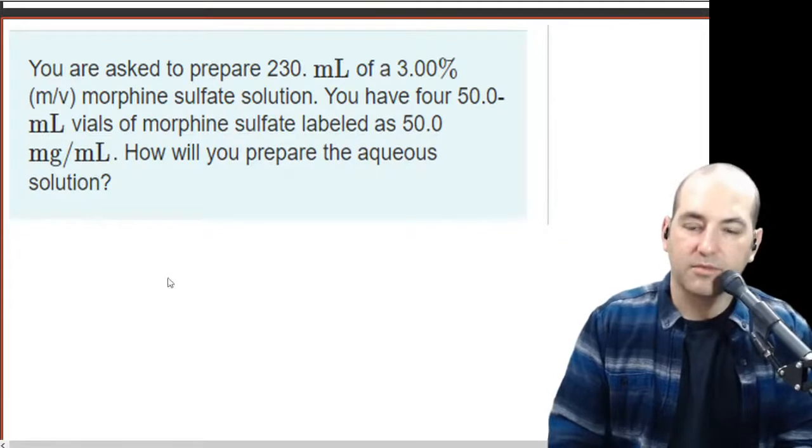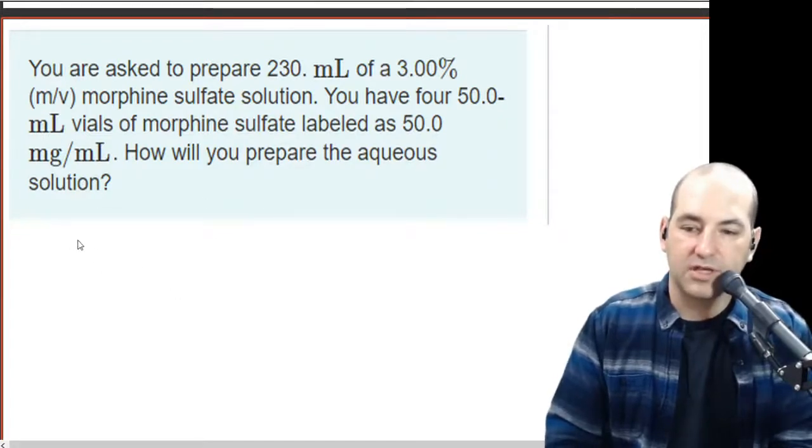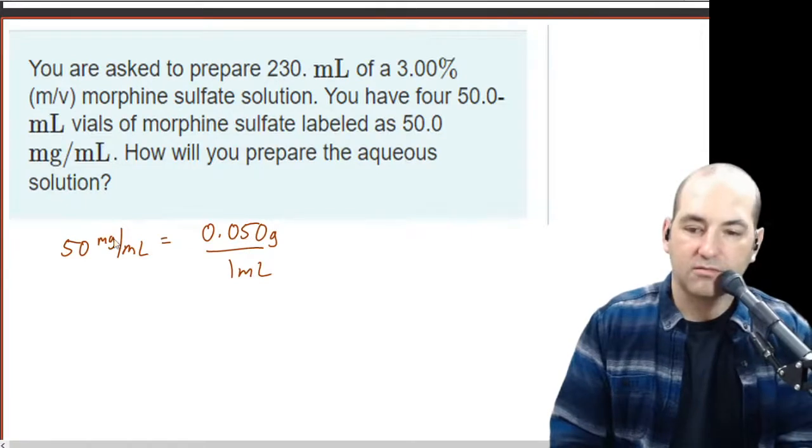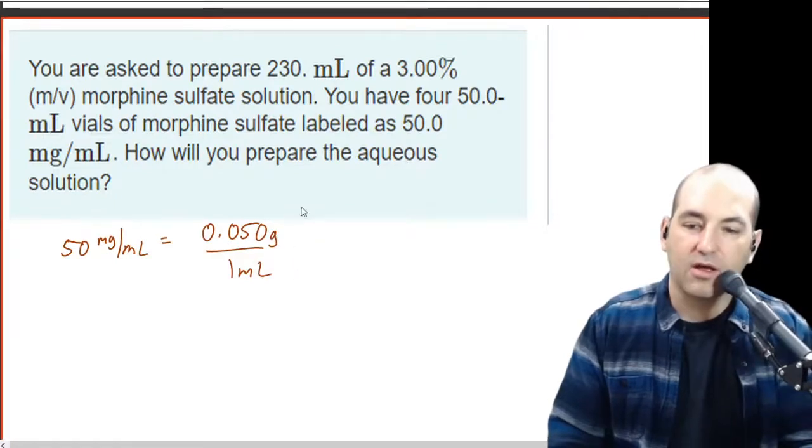So the milligrams per milliliter, we need to make that into a percent. So 50 milligrams per milliliter equals 0.050 grams per milliliter, because 50 milligrams divided by 1,000 is 0.050 grams.